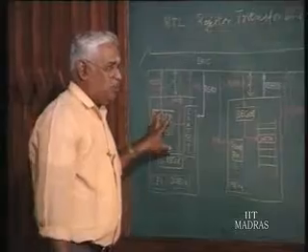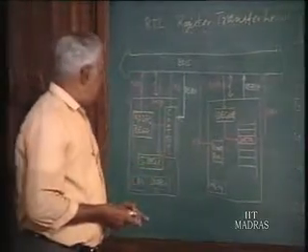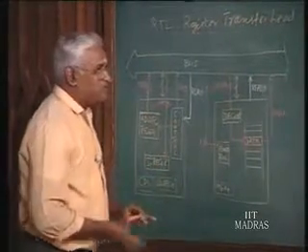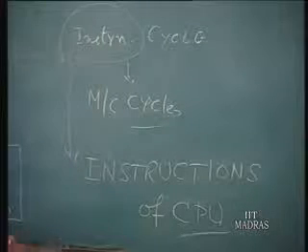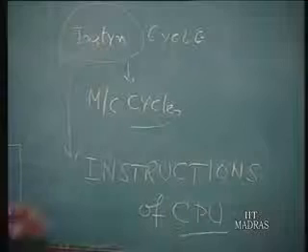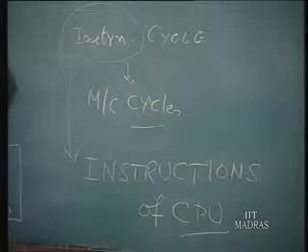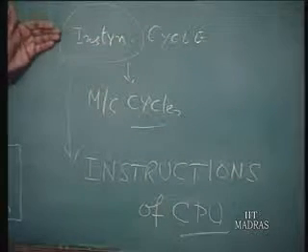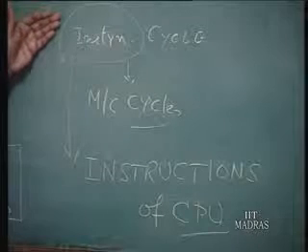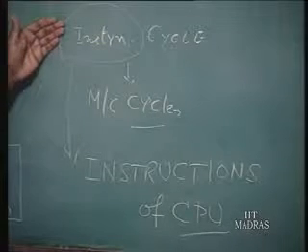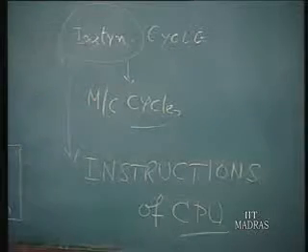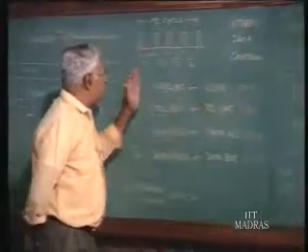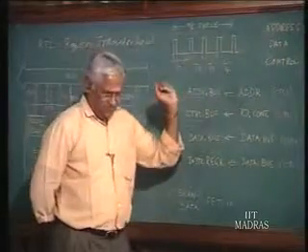Now before we go into that, I will mention one important point here. Let's not forget that the computer ultimately executes a program which consists of instructions, and the instruction is executed during an instruction cycle which consists of machine cycles, and then we went into the details of the machine cycle, that is the states.